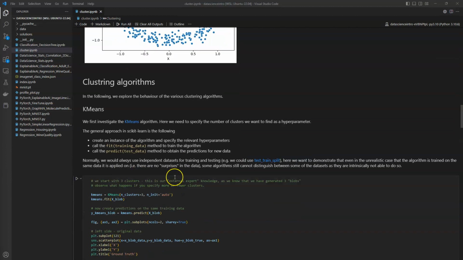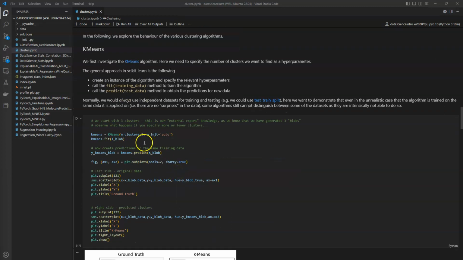Now let's start with one of the simplest ones, the k-means algorithm. We have here the code to run it, so we create an instance of the class that is part of the machine learning library, and then the scikit-learn interface is always classifier or machine learning algorithm fit, and then we use it to make predictions with the predict method. And then the rest of it is more or less plotting magic.